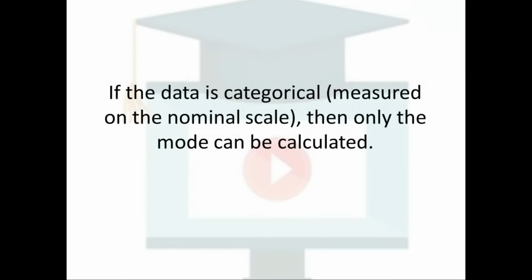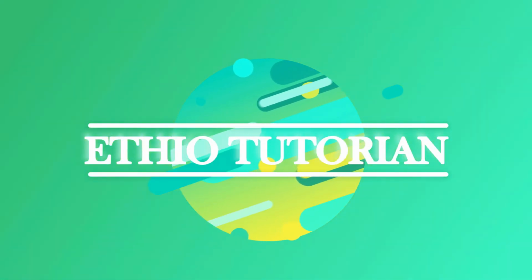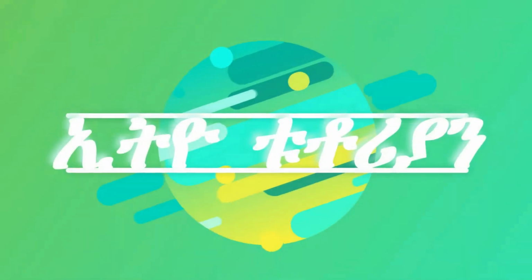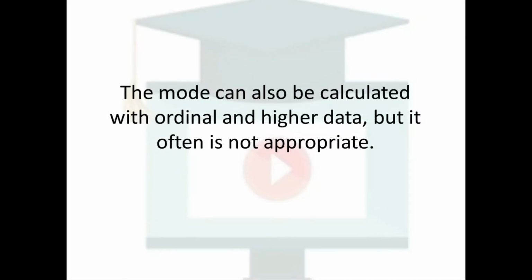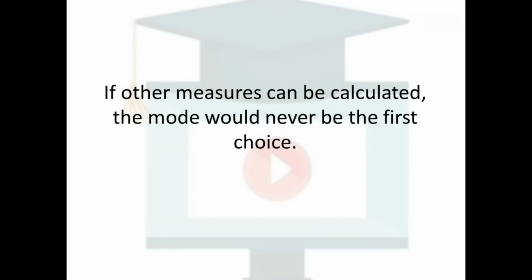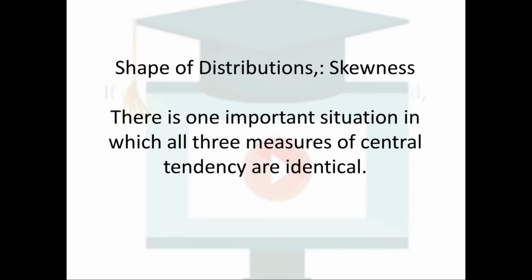If the data is categorical measured on the nominal scale, then only the mode can be calculated. The mode can also be calculated with ordinal and higher data, but it often is not appropriate. If other measures can be calculated, the mode would never be the first choice.